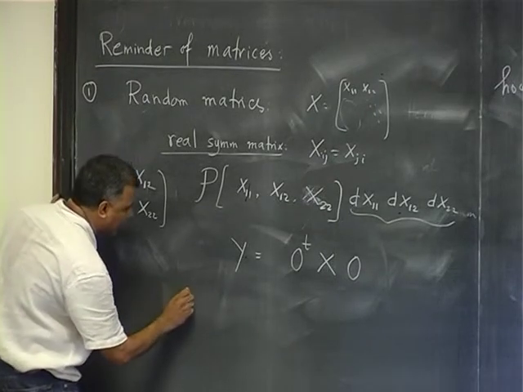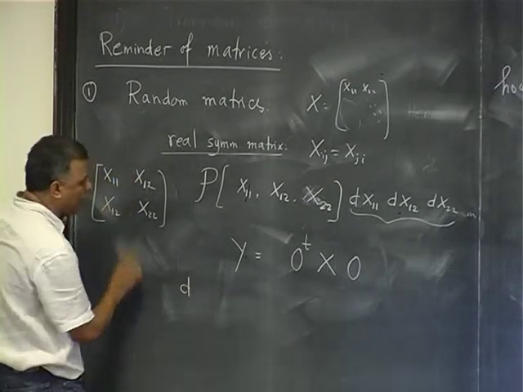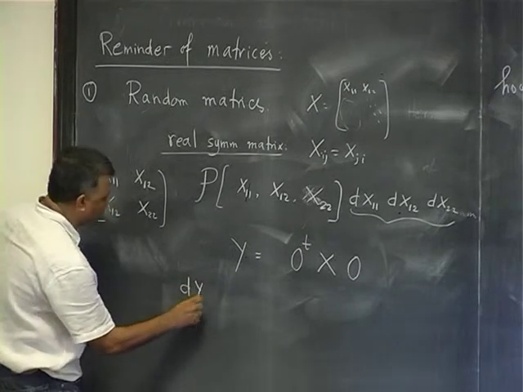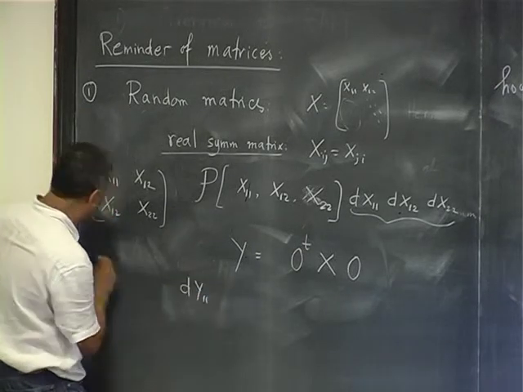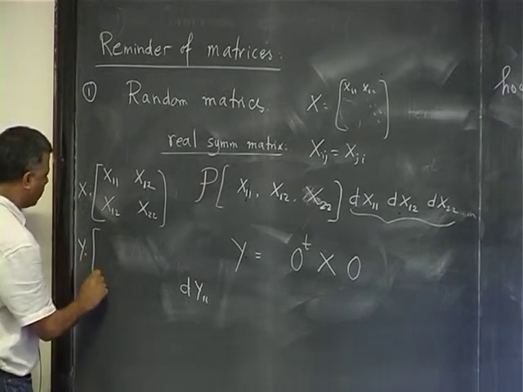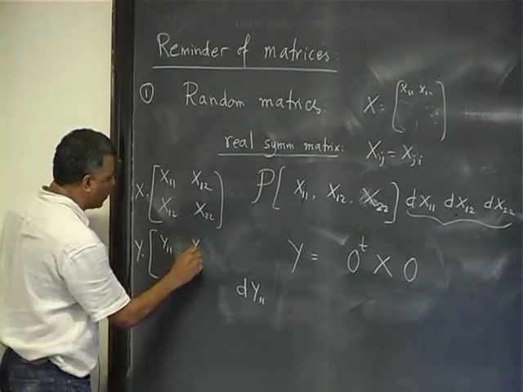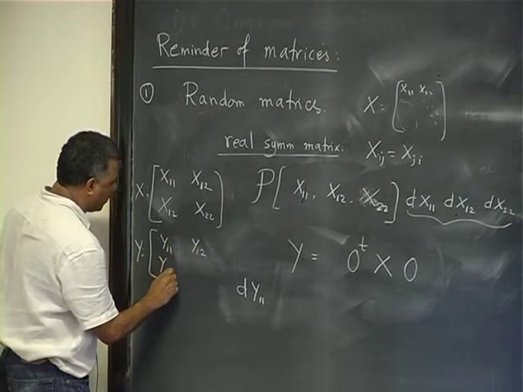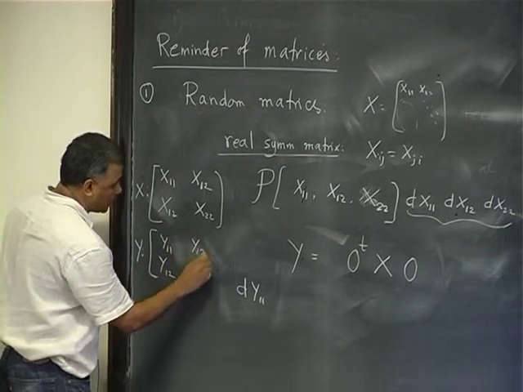So let's again think of a 2 by 2 example. This is X. The matrix Y will be Y11, Y12, Y12, Y22. This is also symmetric.